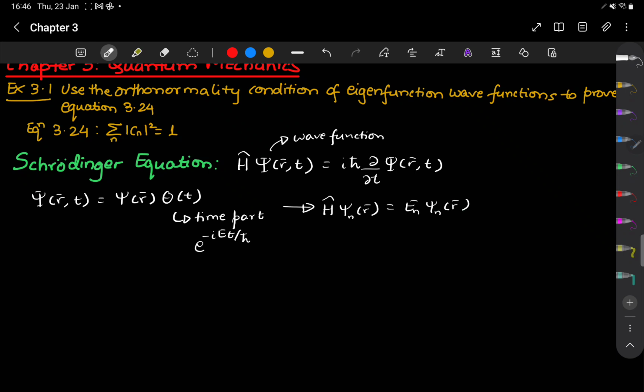So here then this E is En, and psi n is the eigenfunction of the Hamiltonian operator. The index n basically denotes the state and the quantized level of the particle. So En means the energy of the nth state.